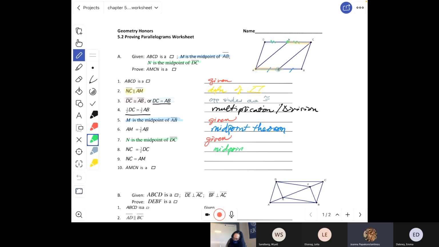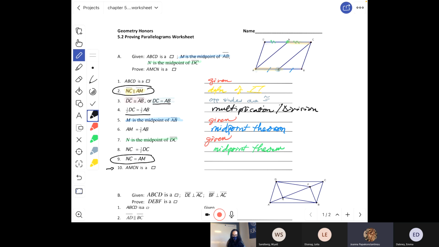And something very interesting is happening here. So if I look at this, and I look at this, that automatically is going to give me this. But how can I say NC is equal to AM?